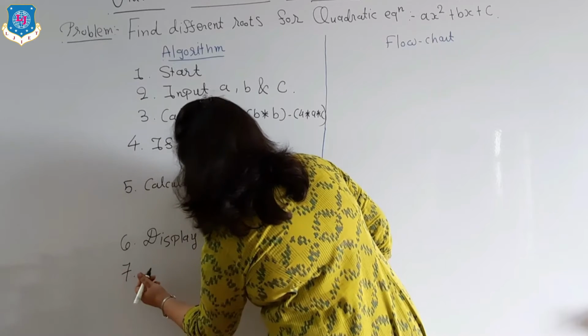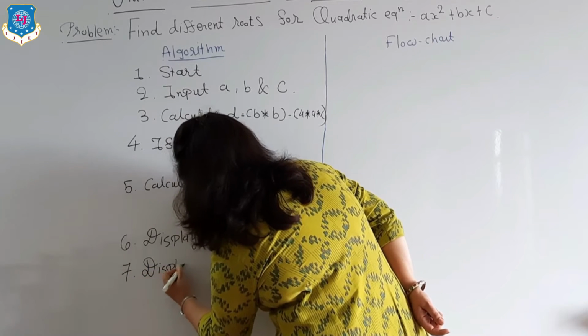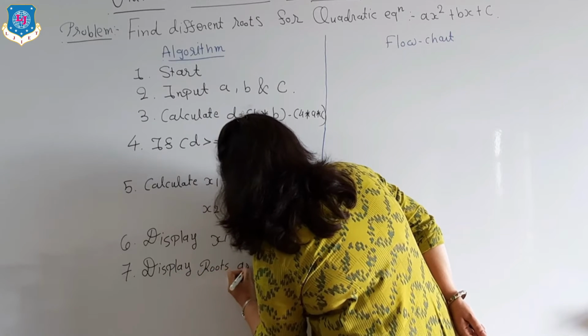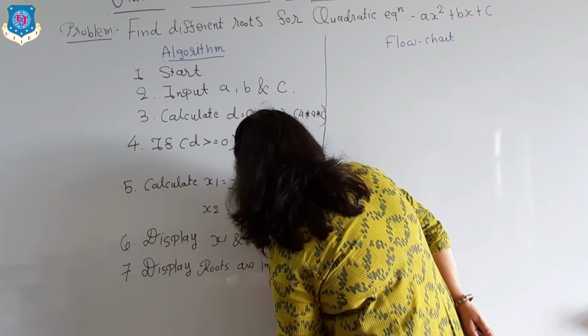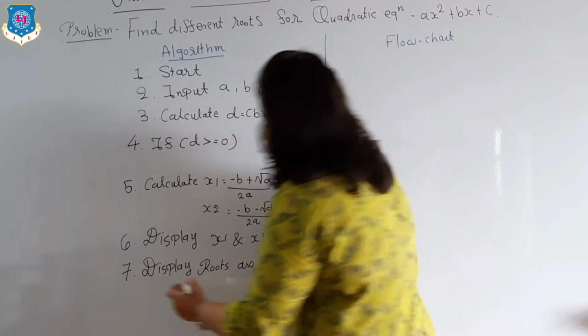So the 7th step is the false part: display roots are imaginary. And the last step is stop.